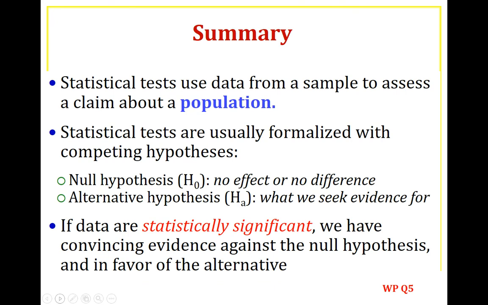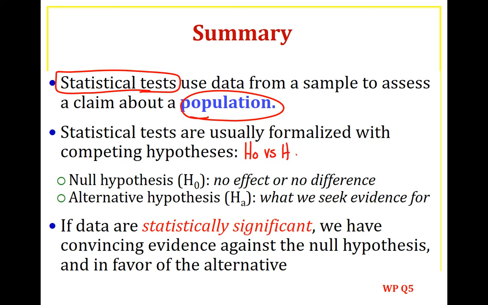A summary: statistical tests use data from a sample to assess a claim about a population. Keyword in blue right there, population, and it uses a statistical test. Statistical tests are usually formalized with competing hypotheses, H sub O versus H sub A. The null hypothesis: no effect, no difference, nothing going on, status quo, everything is good in life. Alternative hypothesis: we seek evidence for this, okay?